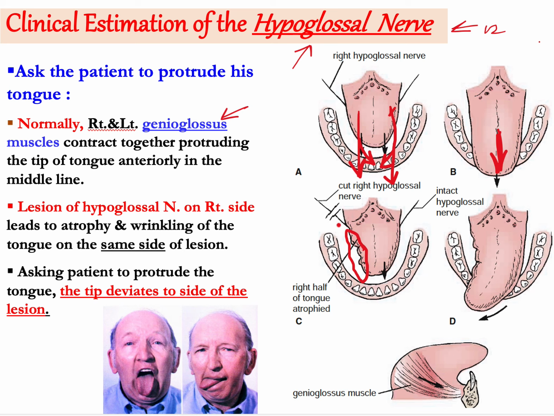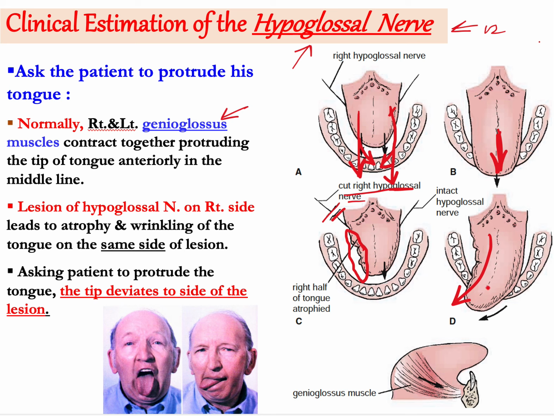So if you have a cut, for example, in the right hypoglossal nerve, the right side of the tongue would be atrophied and you will see wrinkles on it on the same side of the lesion. Furthermore, when you ask the patient to protrude his tongue, the tongue will shift toward the affected side. So we mentioned that we have cut the right hypoglossal nerve. When you ask the patient to protrude his tongue, it will move toward the right side, toward the affected side.